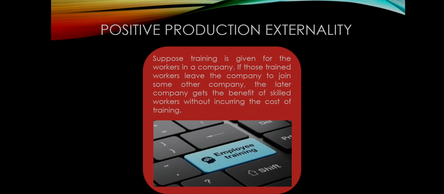The other company will enjoy the benefit of training given by the previous company, because the other company need not train the employee again. So the benefit of training given by the previous company will be enjoyed by other, future companies. So this is an example for production positive externalities.